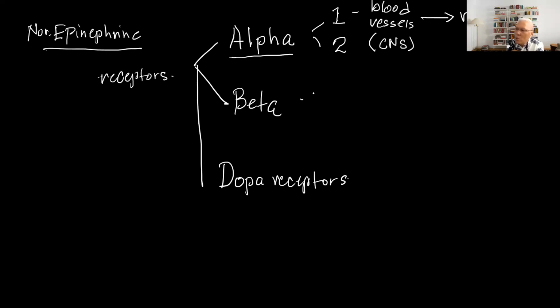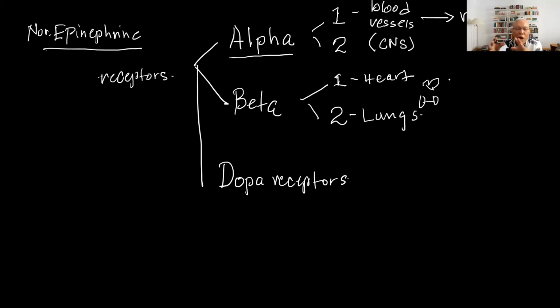There are also two types of beta receptors, beta 1 and beta 2. Beta 1 is abundant in the heart, and beta 2 is abundant in the lungs. So it's easy to remember because we have one heart and two lungs. So beta 1 is more abundant in the heart, and beta 2 is in the lungs.